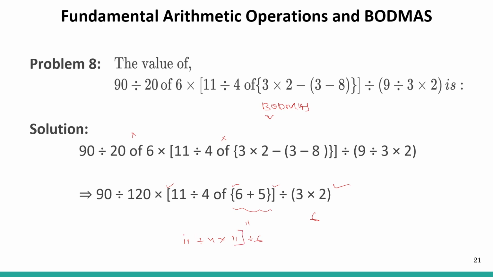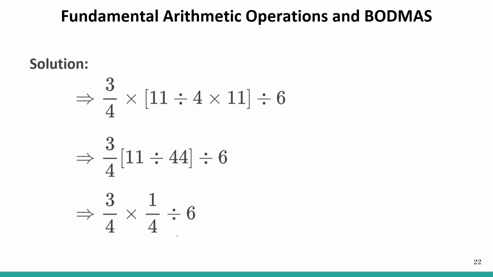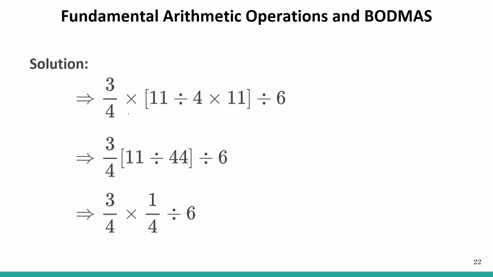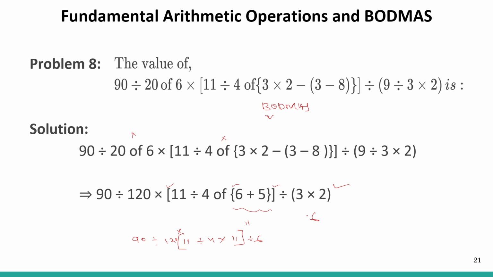Something like this. And here 90 divided by 120 into. So what we are left with is 3 by 4 into 11 divided by 4 into 11 divided by 6. So bracket is done, as you can see. Next we are left with O, that is exponents or powers, but there are none, so we go for divisions.